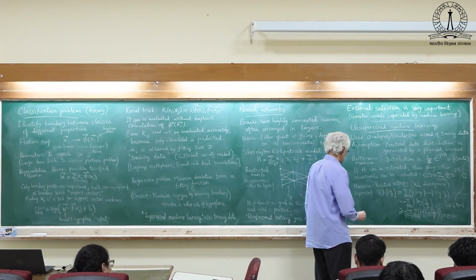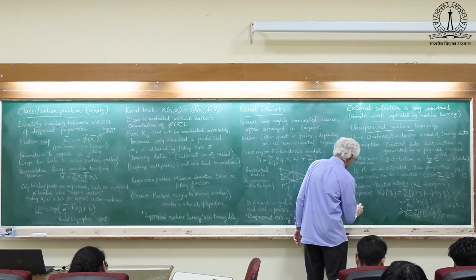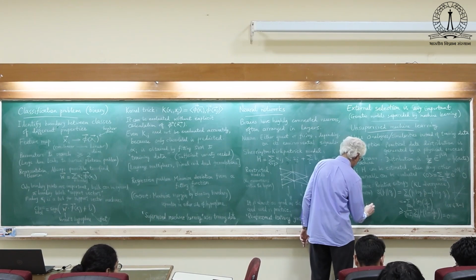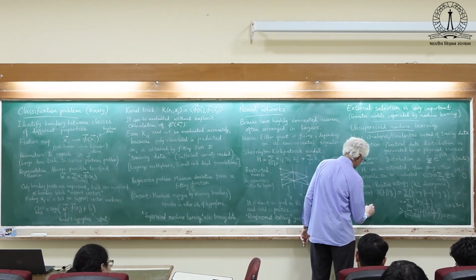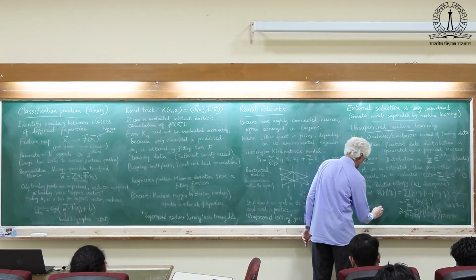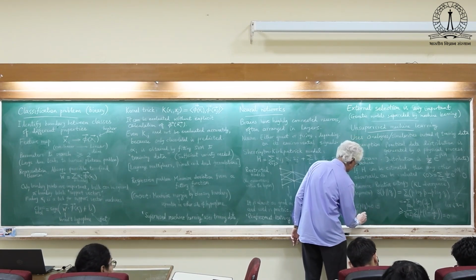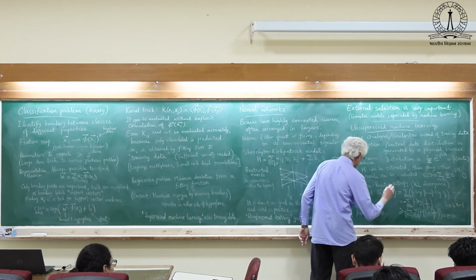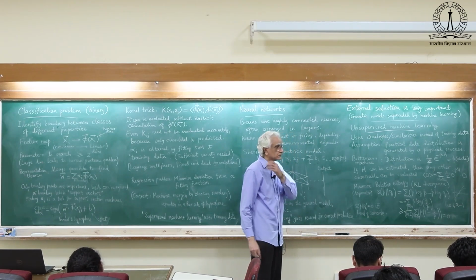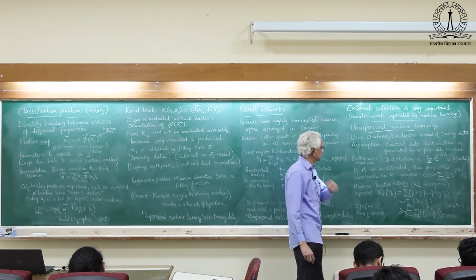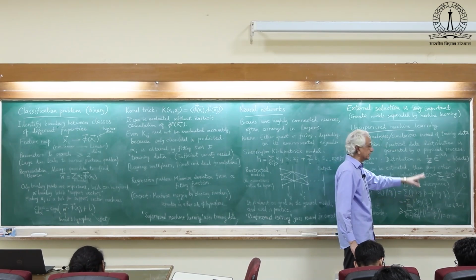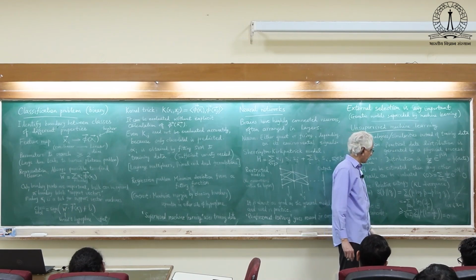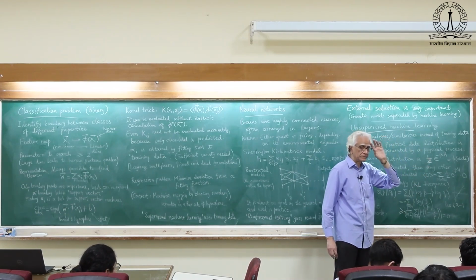Okay. So, S of P, Q. So now the job is straightforward. I have one distribution parameterized by some values of couplings, whatever I put in.